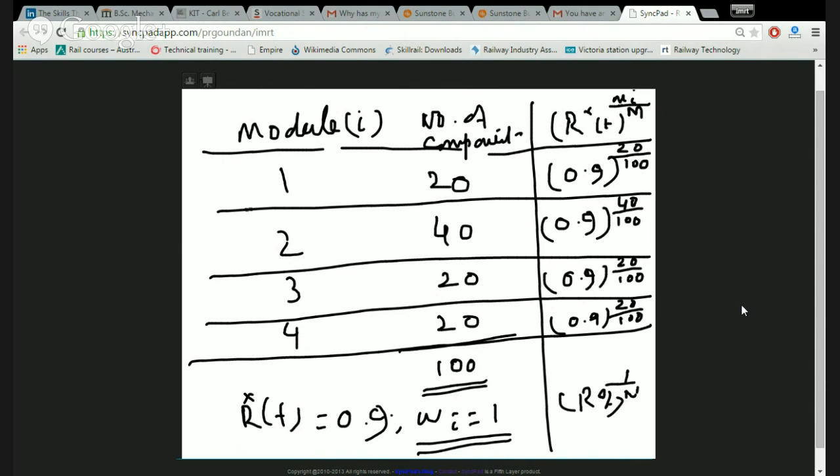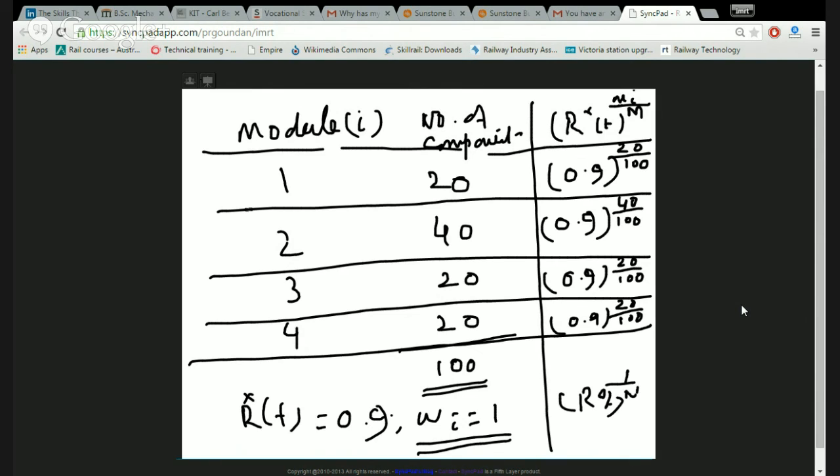Since the components are different here, the apportionment is different. And the probability of one subsystem failing, making the whole system fail, is 1. That means they are equally important. So the essence here between the ARINC method and this method is, there we took only the complexity. How many components are there? In this case, we are taking complexity, that is the number of components, and also the importance.